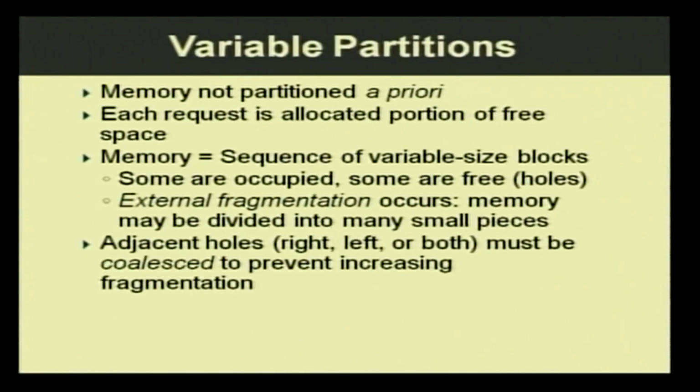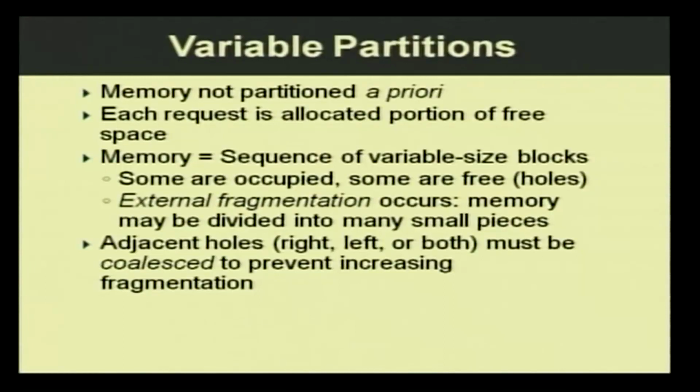Therefore, two problems can occur here: external fragmentation and generation of holes. Generation of holes refers to the empty memory areas created by completed programs. External fragmentation occurs mainly due to the division of memory into different bits. We are going to discuss external fragmentation in detail in the later part of this lecture.